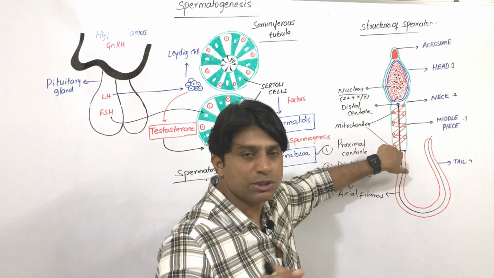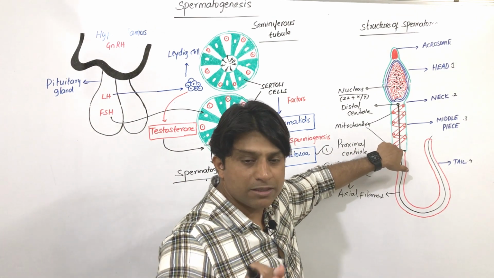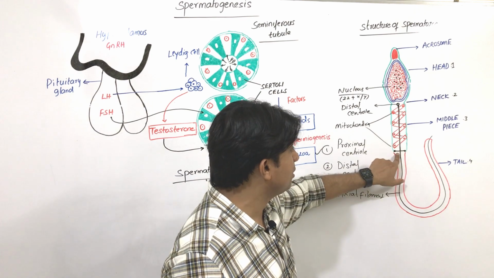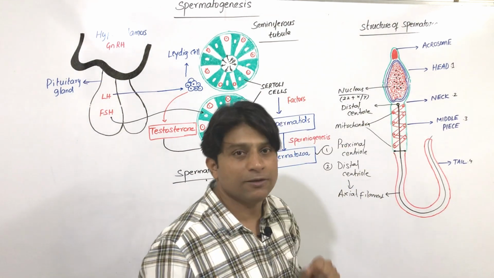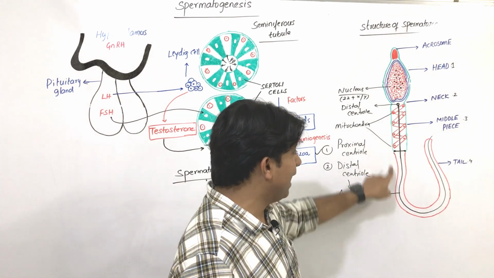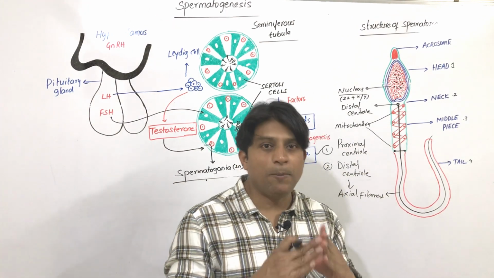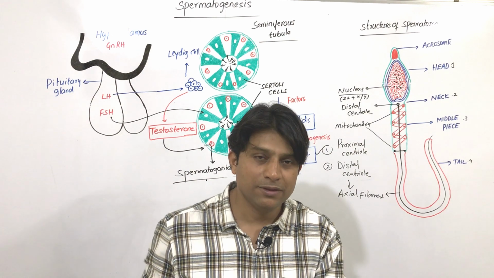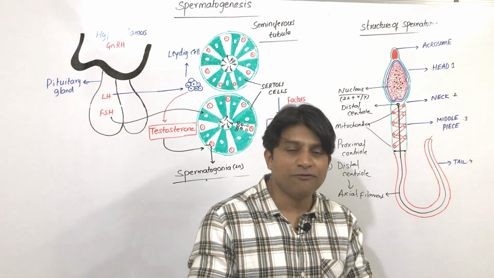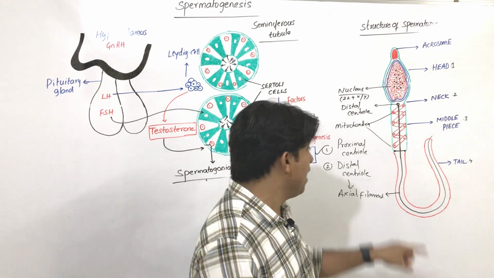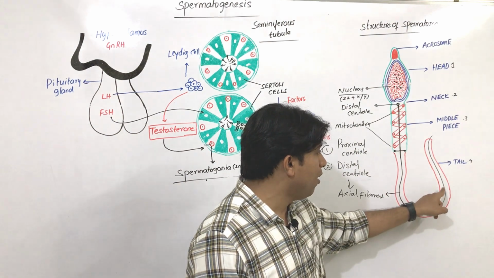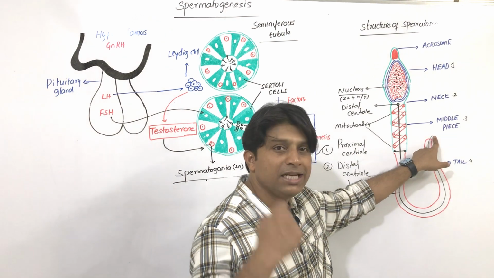The exact function of this is not known, but some believe that this particular centriole prevents the entry of mitochondria into the tail region. Next, tail is the longest part of the spermatozoa. Tail is responsible for motility or movement of spermatozoa. So axial filament extends all along the tail and it continues beyond the tail.